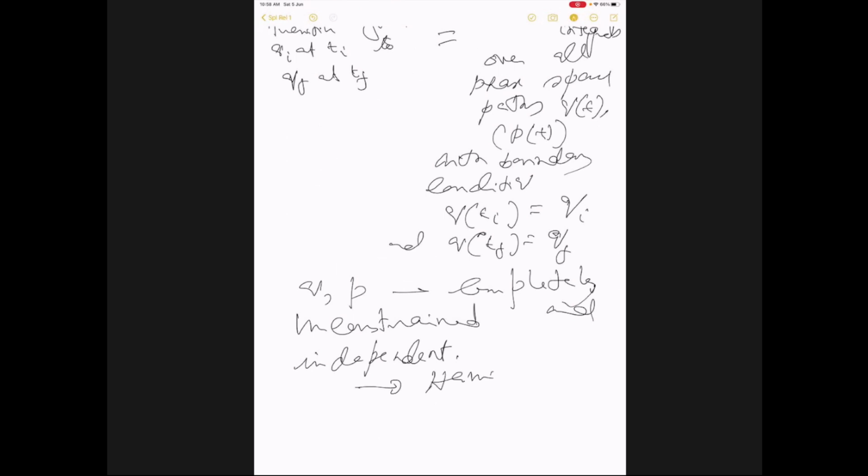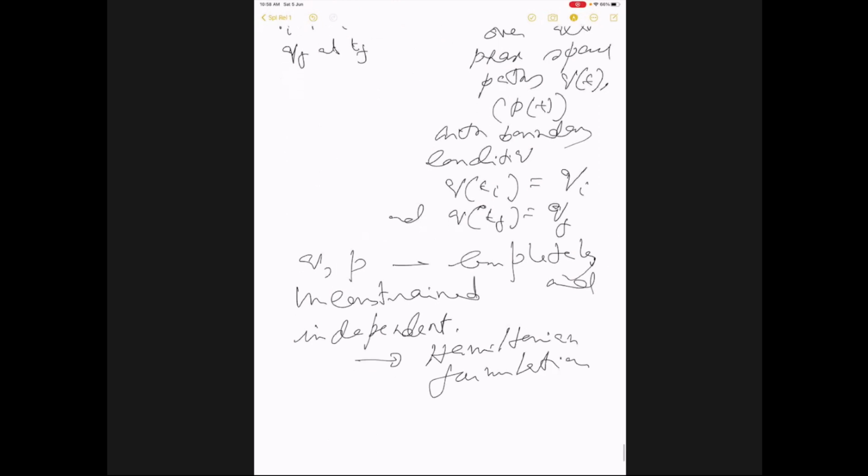It's called the Hamiltonian formulation. I am not taking Q and Q dot, but instead I am doing Q and P and summing over all possible Q's and P's.